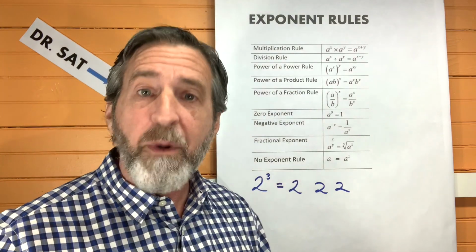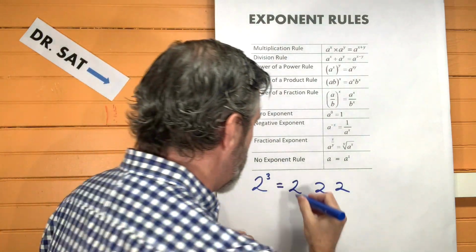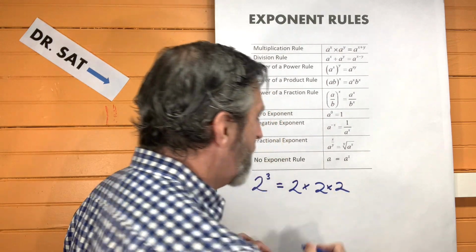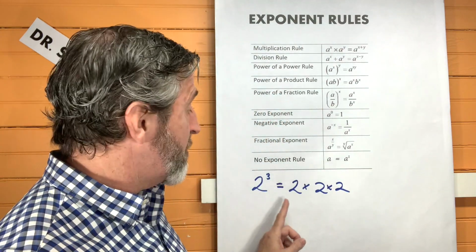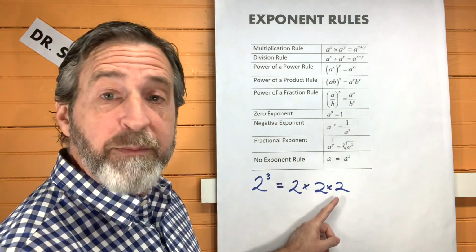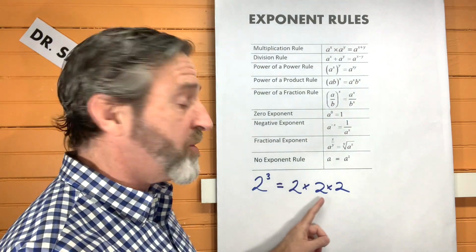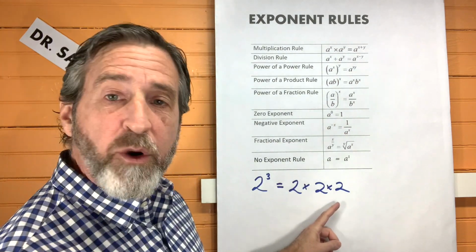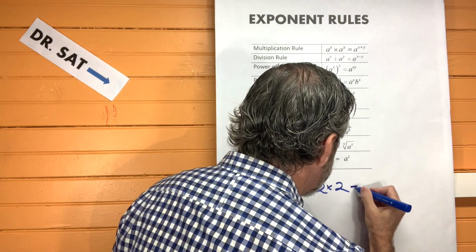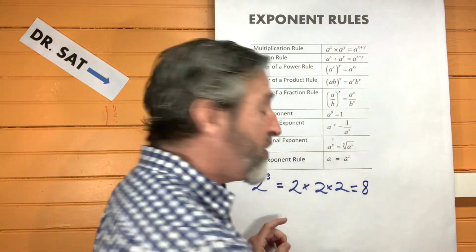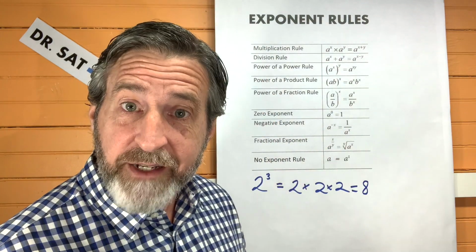And then I'll put a multiplication symbol in between each one. So 2 to the third equals 2 times 2 times 2. What does that equal? Well, 2 times 2 is 4, and 4 times 2 is 8. So 2 to the third equals 8.